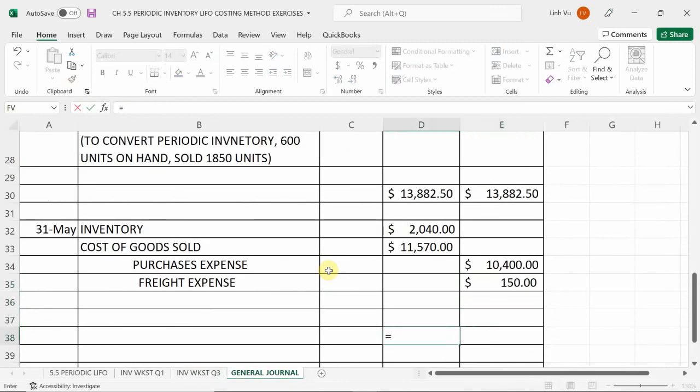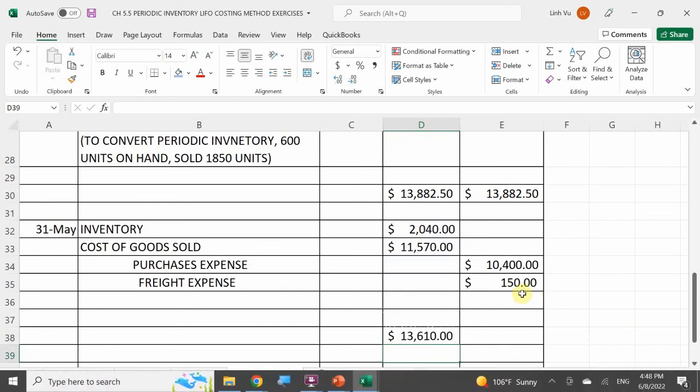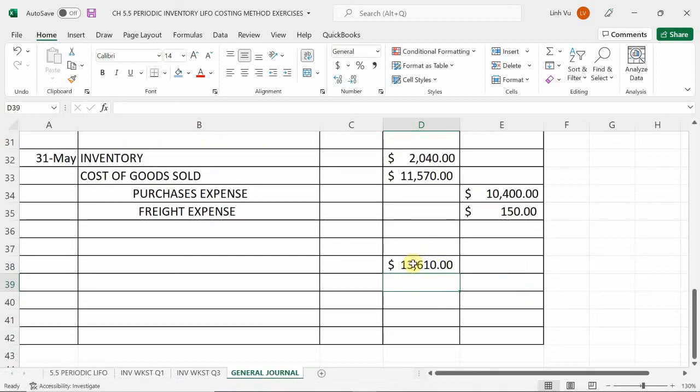Now, let's test my accounting equation. I have a total of 13,610 on the left and I have 10,550 on the right. In this case, I am way off. My total debits do not match my total credits.